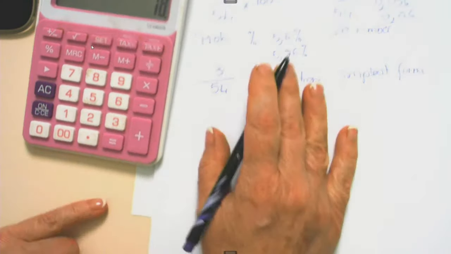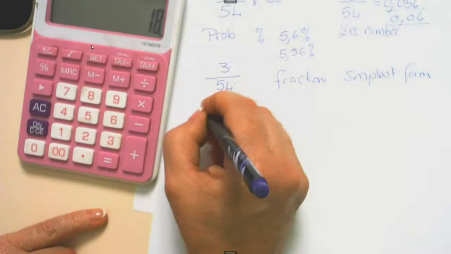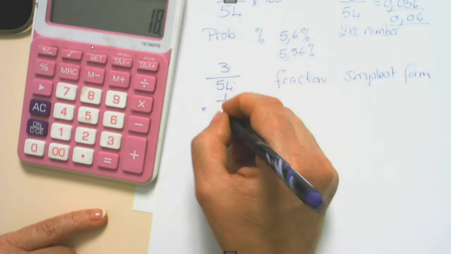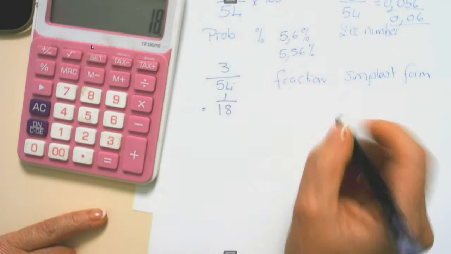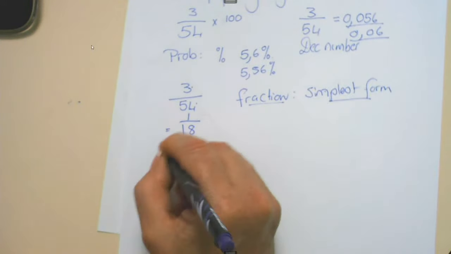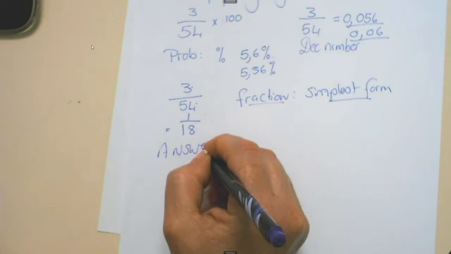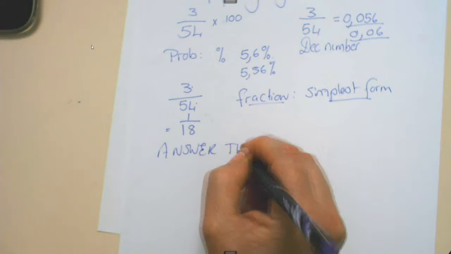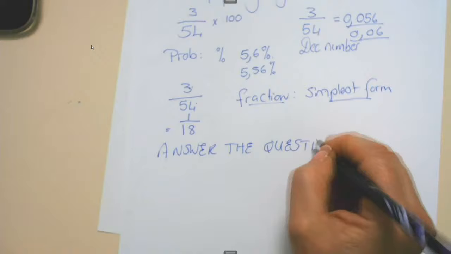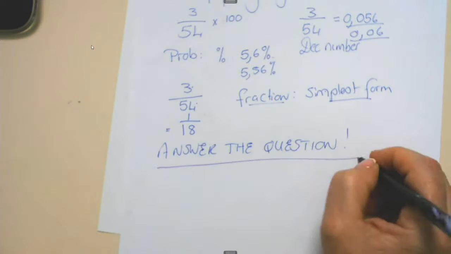Oh yes, it can. It's 18. So then you can just say 3 goes into 3 once, 3 goes into 54, 18 times. And that will be your fraction in the simplest form. Answer the question. Whatever they ask you and whatever they specify, make sure that you answer the question.